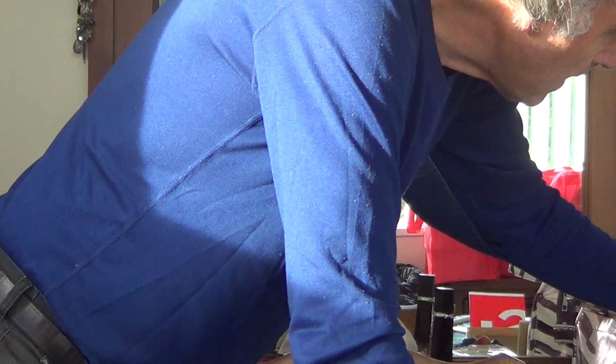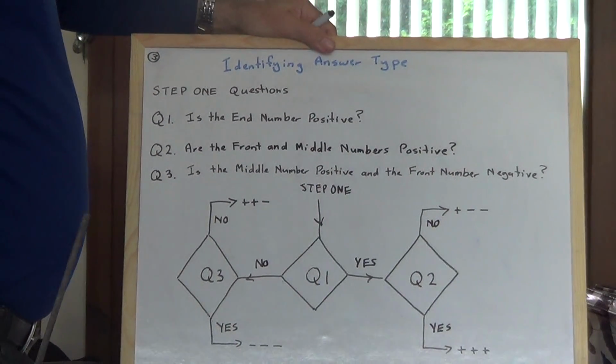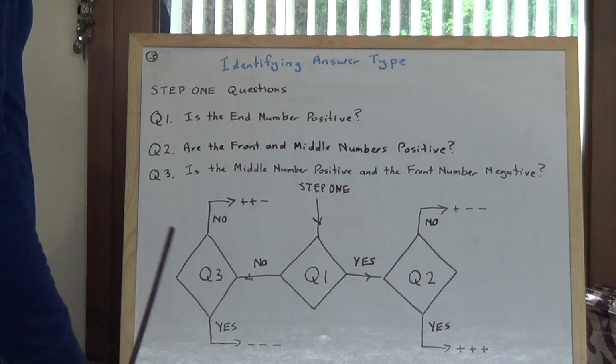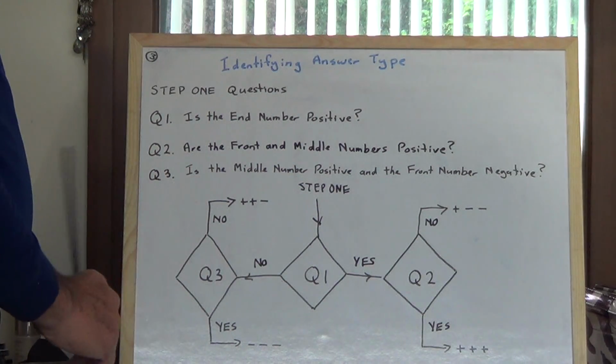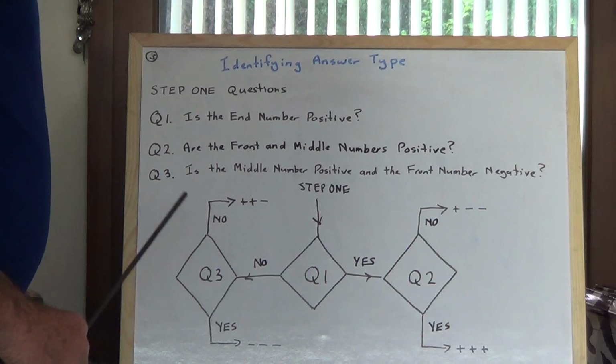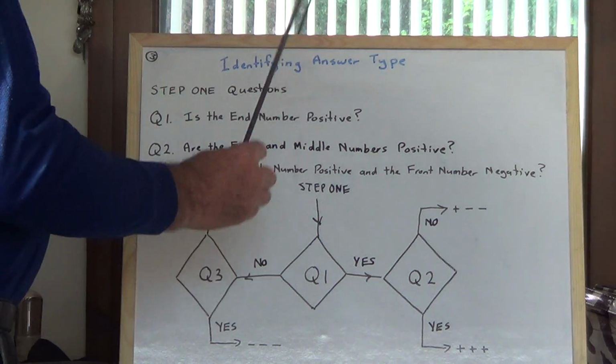Now we've got to go to the first step in the process of factorising a cubic. You've got to identify the question type, and I've done a flow diagram. There are three questions you ask. Is the n number positive?